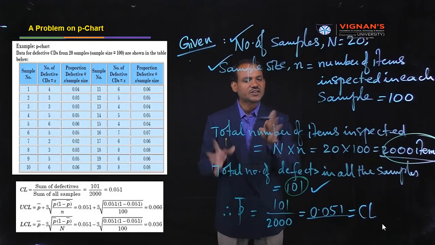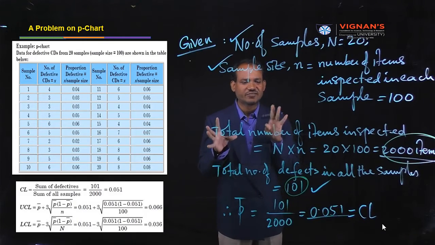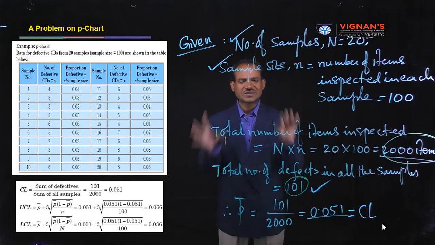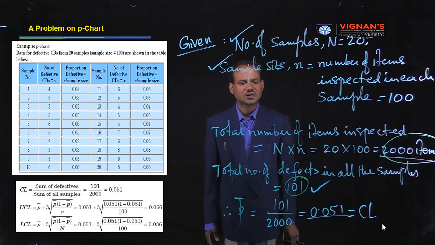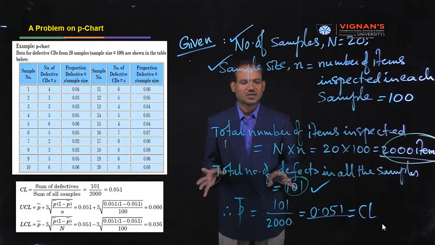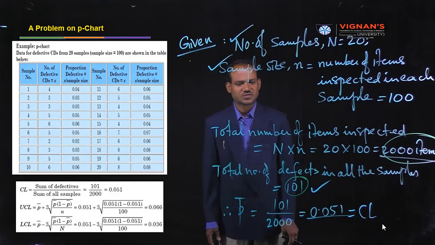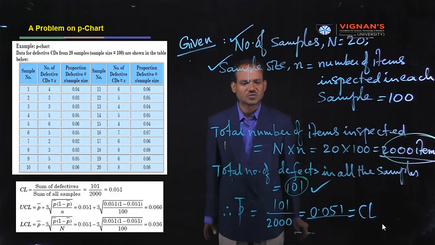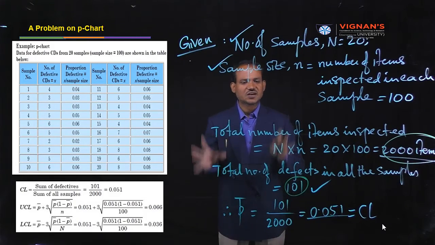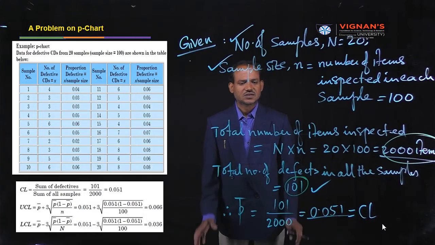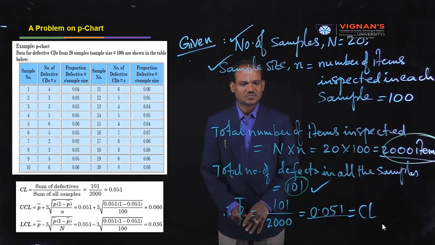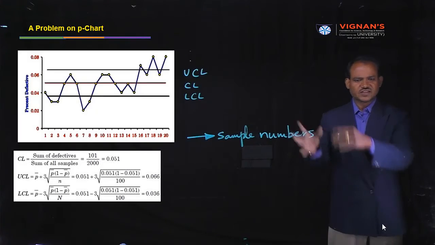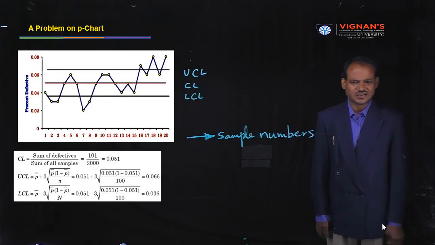So automatically you will get UCL and LCL values. This data is sufficient to construct P chart. In the next slide, you are going to see the P chart construction. Okay, so this is the P chart construction.